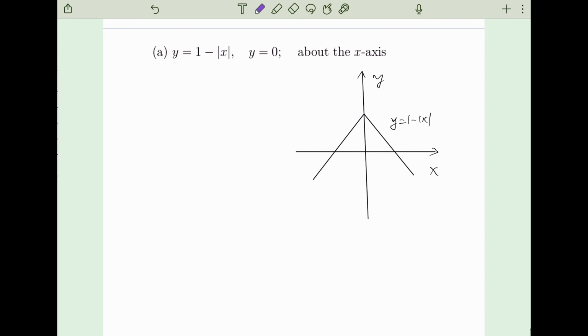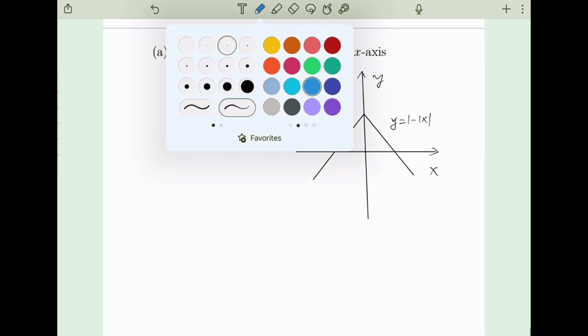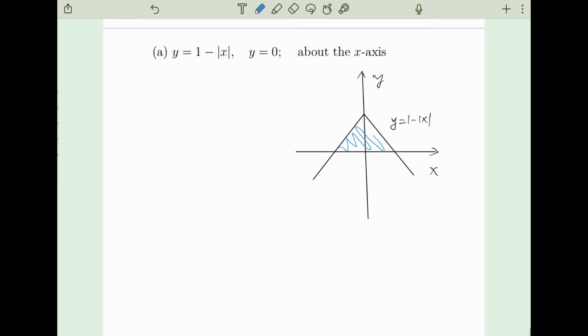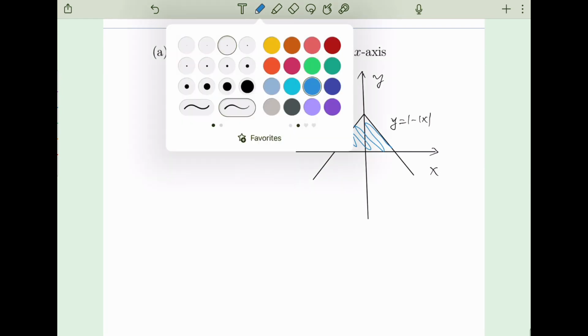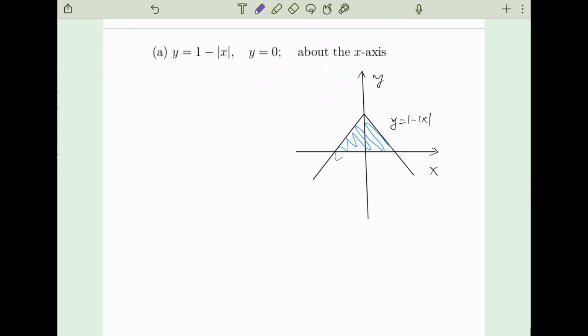That is the x-axis, right? So I have my region here, this region. And we're gonna rotate this region about the x-axis. So you will see something like this. You rotate this, you get a cone like this, right? Basically a cone like this.